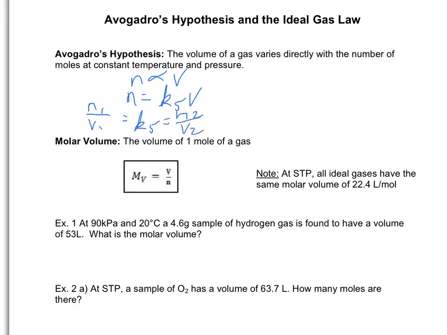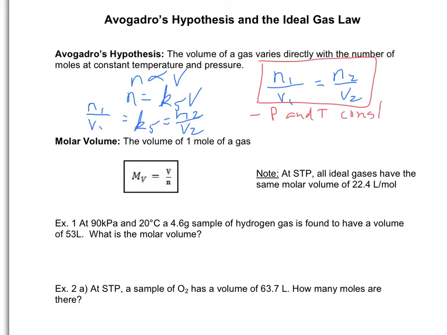So Avogadro's hypothesis, written mathematically, is n1 over V1 equals n2 over V2. Now the conditions on this are that P and T need to be constant, and because the volume's changing, we need a flexible container.